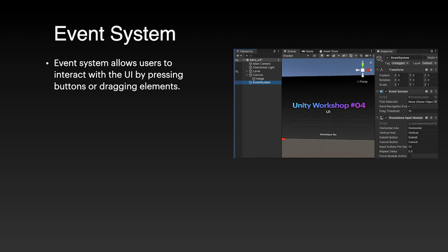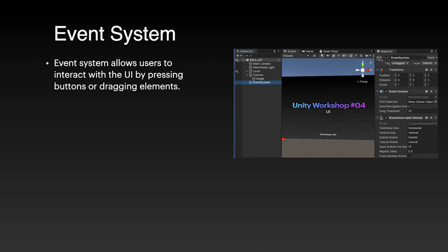Event system. Okay, so when you create a canvas, you can see there will be an event system being generated. Let's take a deep look at event system. If you see the picture, event system allows users to interact with the UI by pressing buttons or dragging elements. For example, you want to interact with the UI, right?